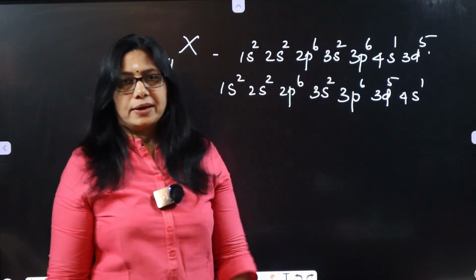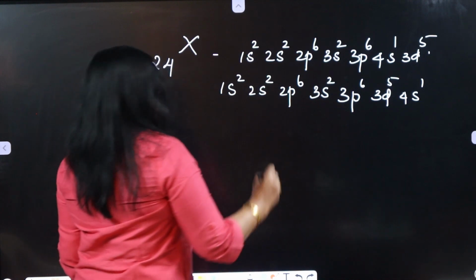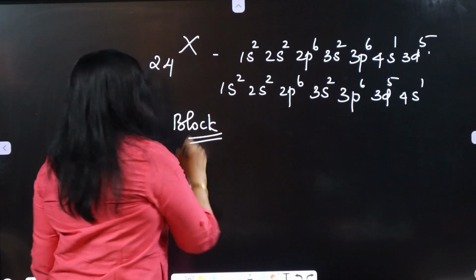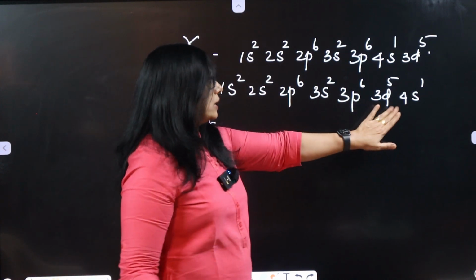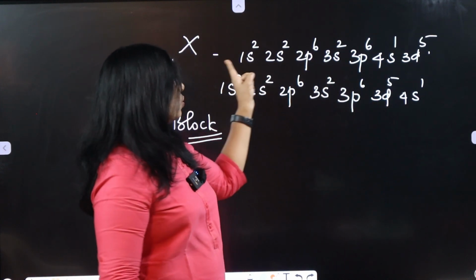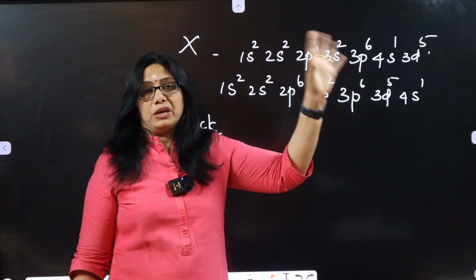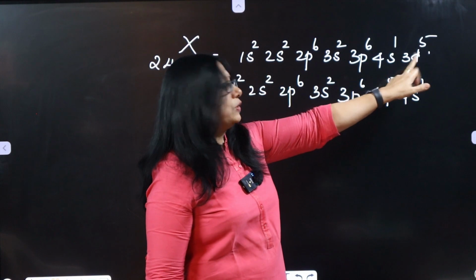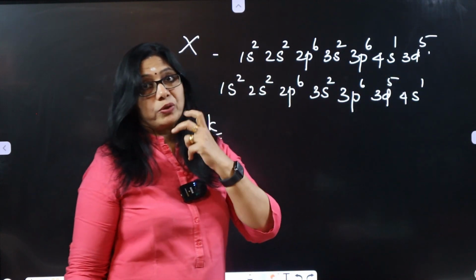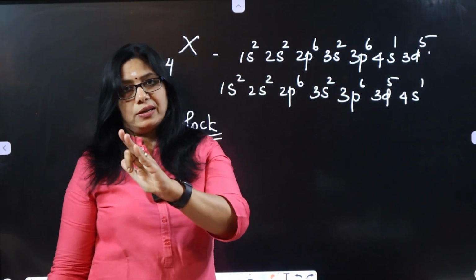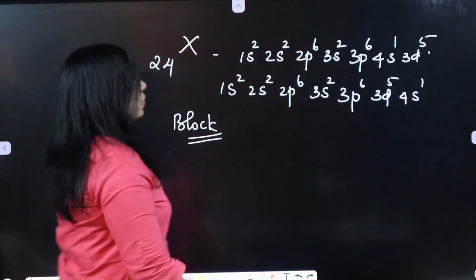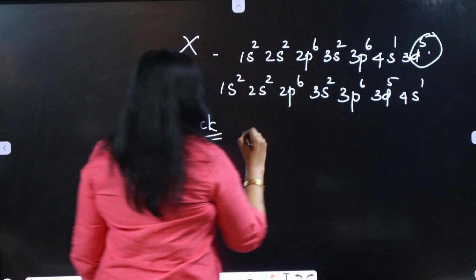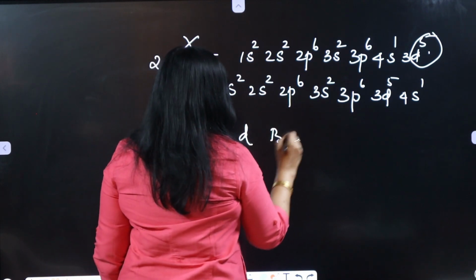Now, coming to the block of this element, don't look at this for the block. When you wrote the original electronic configuration in the beginning, before you rearranged for stability, the last electron was given to the D subshell of the n-1 shell, the penultimate shell. So, since the last electron goes to the D subshell, it is a D block element.